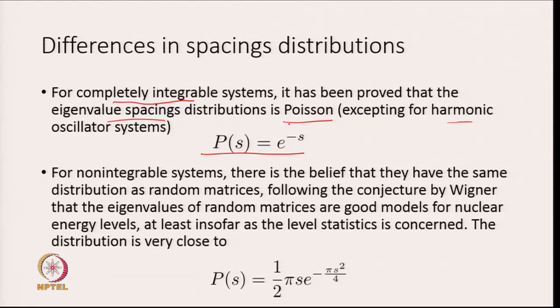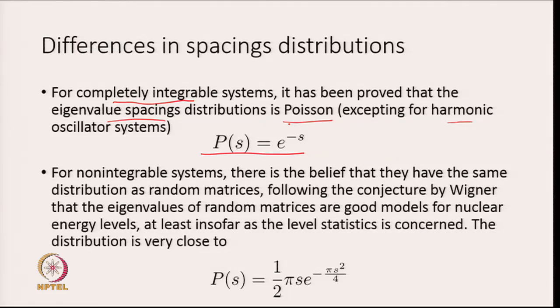For non-integrable systems, on the other hand, there is a belief that they have the same distribution as random matrices. In some sense, the complexity of the classical dynamics shows up in matrix elements that are completely random.